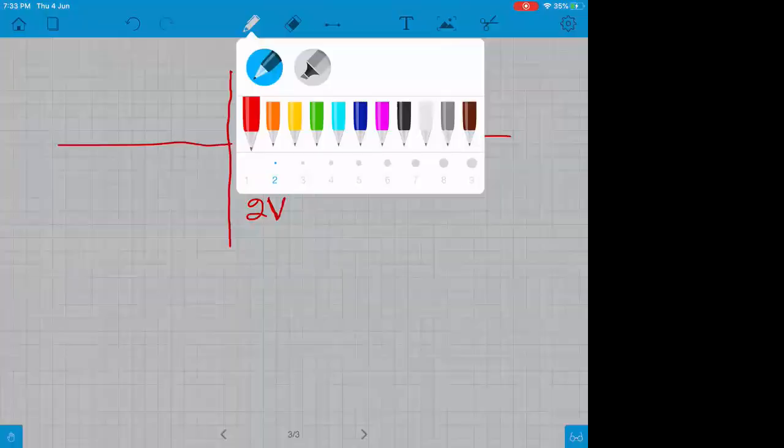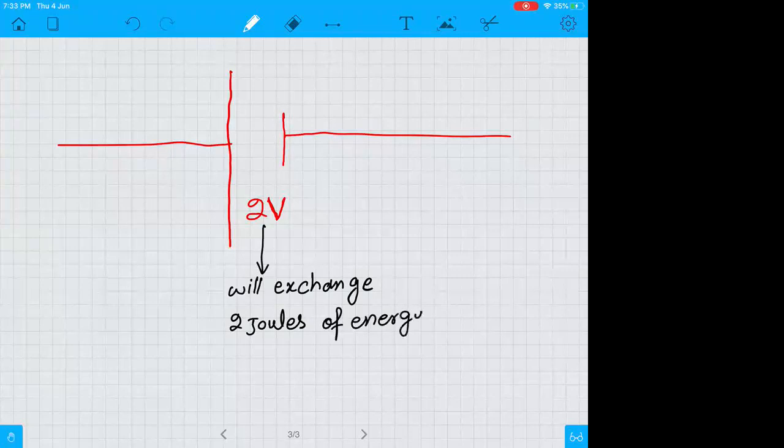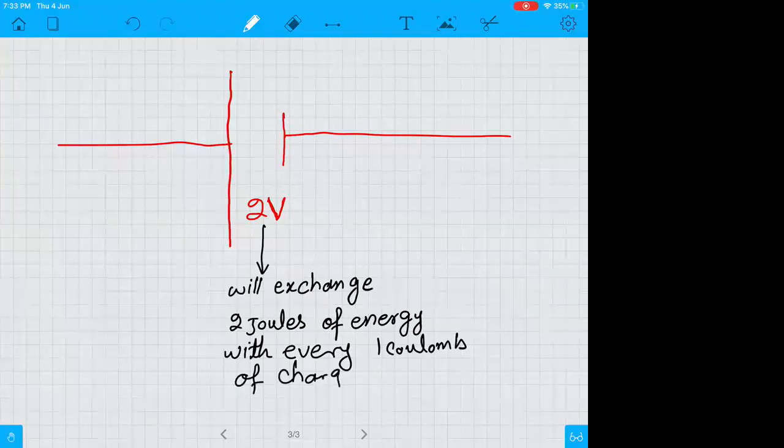A battery of 2 volts means that this battery will exchange 2 joules of energy with every 1 coulomb of charge that passes through it.